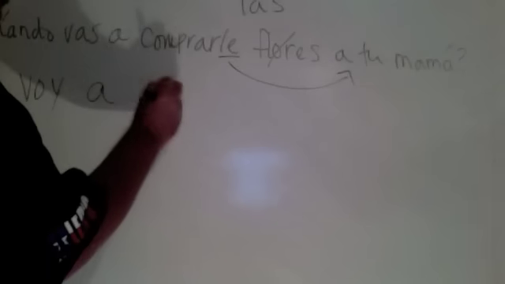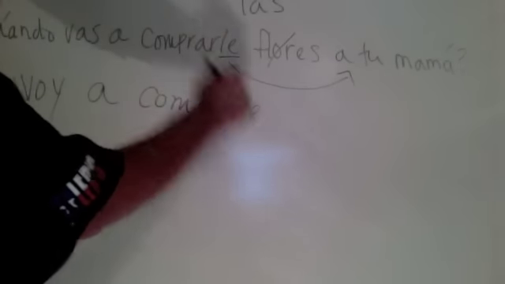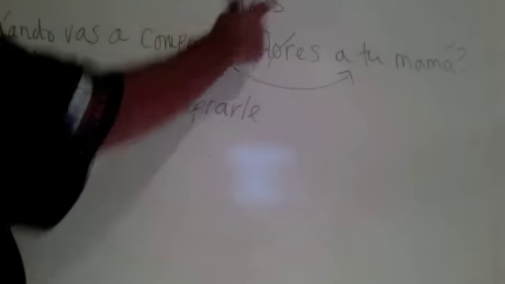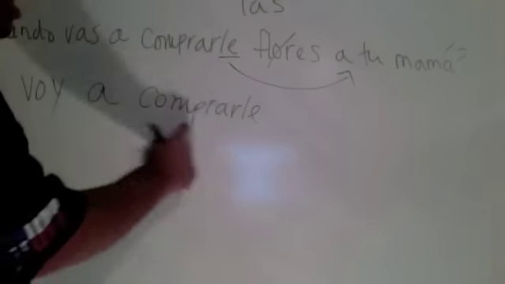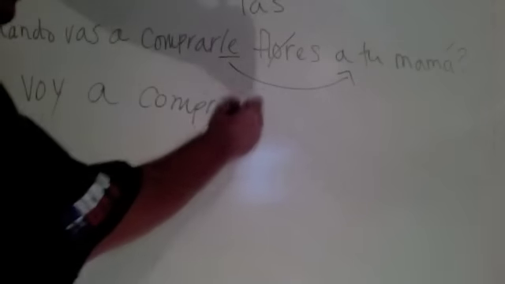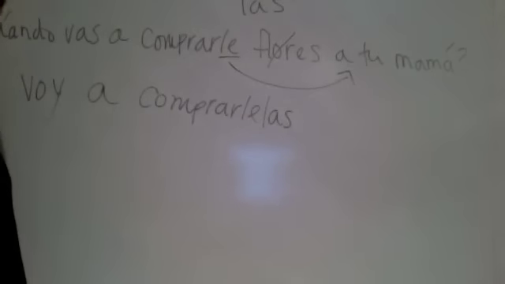Voy a comprar. The easy way to do this would just go with that. It's already attached there. All we have to do is put this direct object after this indirect object, right? And it's already attached to an infinitive. There's nothing you have to worry about. And you don't need to clarify a mi madre because they already know who you're talking about.